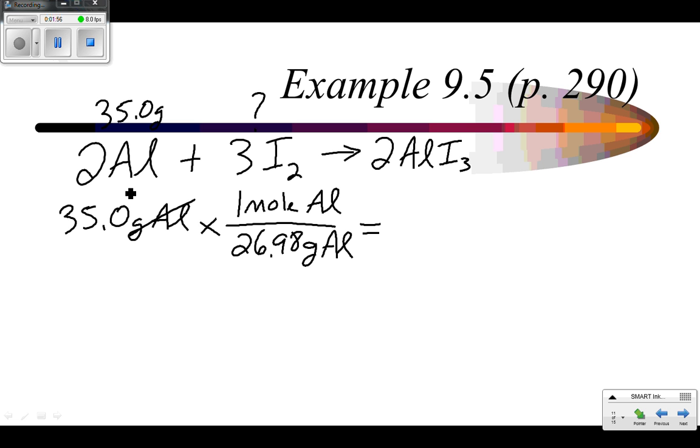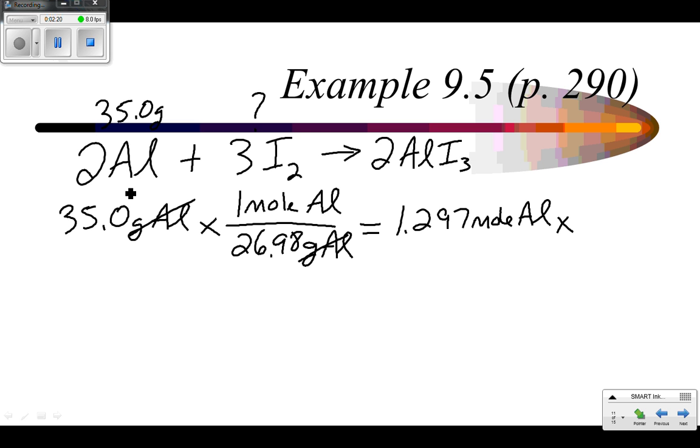The grams of aluminum will cancel out. You punch that into the calculator, and we find that we get 1.297 moles of aluminum.